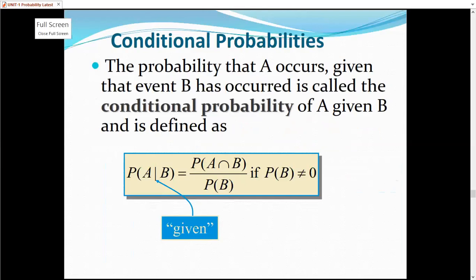So if A is dependent on B, that is B has already occurred and A has to occur, in that case, the conditional probability comes into picture. That is conditional probability, that is probability of A given B can be written as probability of A intersection B by probability of B, and the probability of B is not equal to 0. So this is the definition for conditional probability for two events A and B, given that B has already occurred.